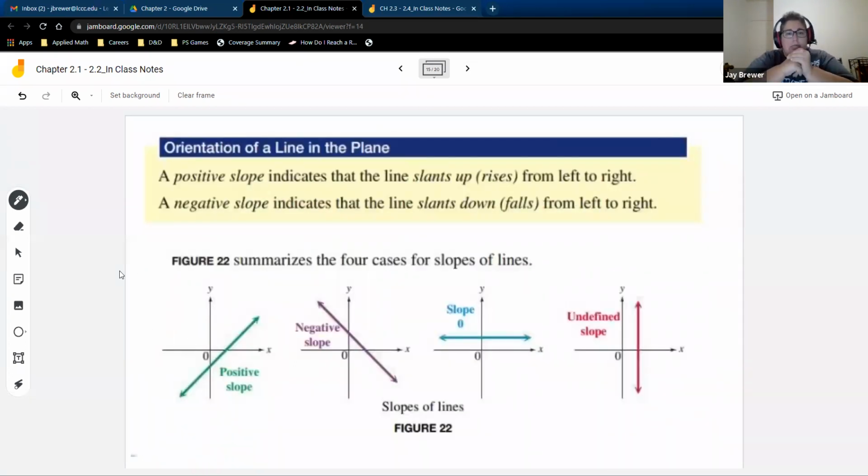So this slide just helps you figure out a little bit about the different kinds of slopes. You can have positive slope, which for this case, if you wrote the general equation, you're going to be looking at y equals positive ax minus b, because your y-intercept is below the x-axis.